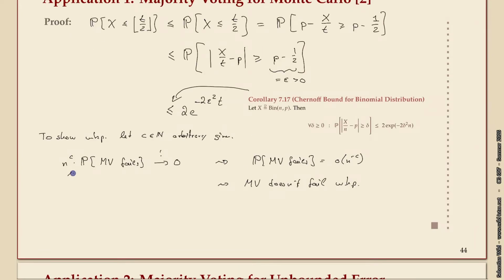Now we still have to show that this convergence is true, but that's not actually that hard. Using our bound from above, let me copy it once. So we take this, we use our bound from above, this one.